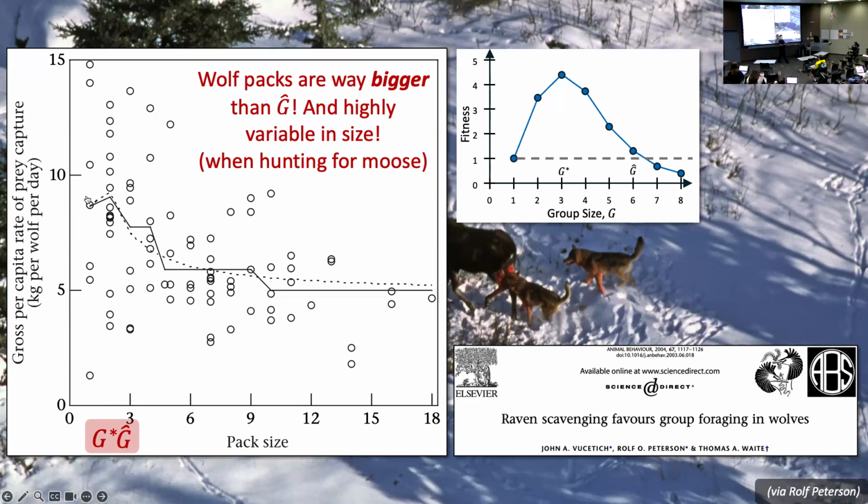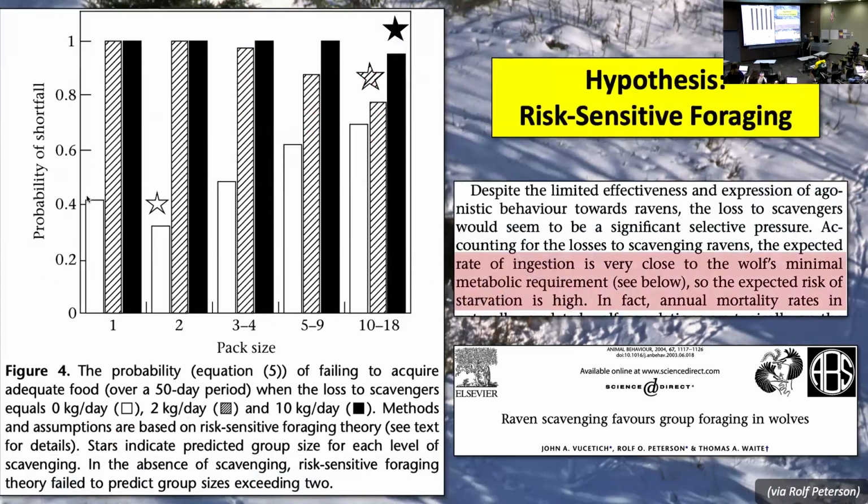What they ended up finding is that if you use risk-sensitive foraging theory, which we talked about in the last unit, then scavenging birds seem to help predict these sizes that are seen in nature. What they're saying here is there's a bunch of ravens. In some areas, there are more ravens than others.